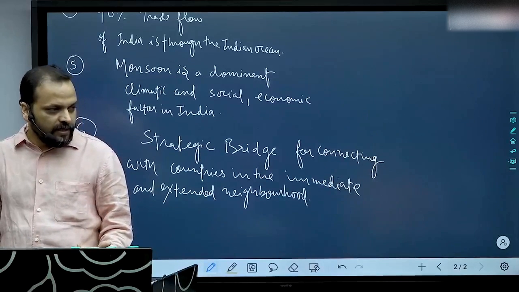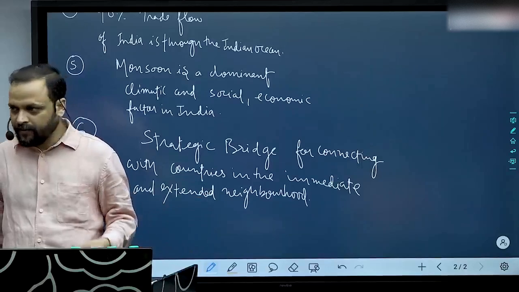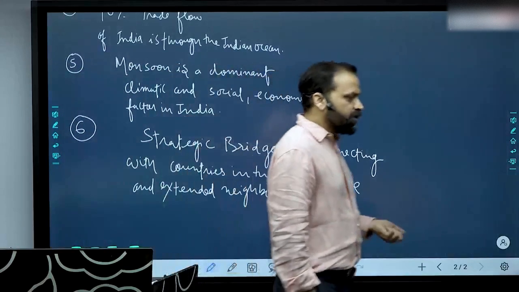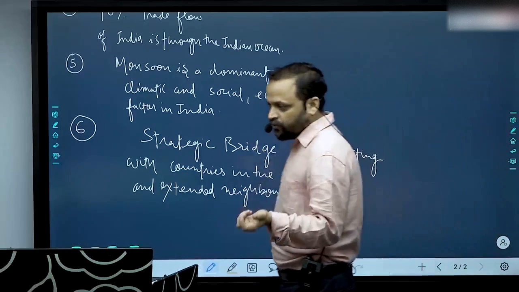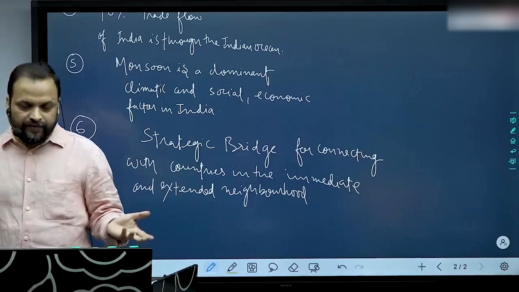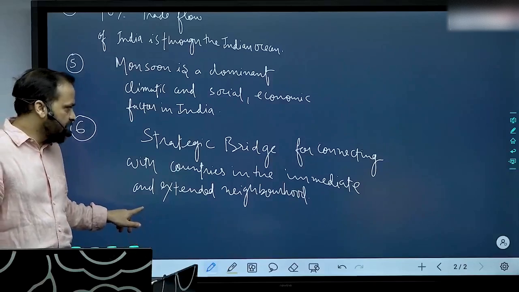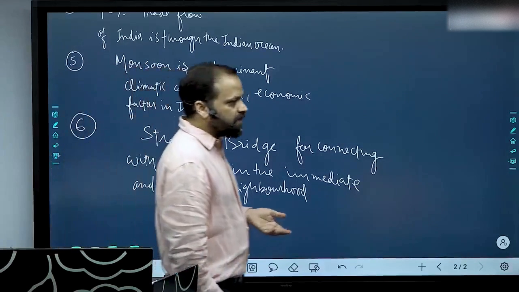Economic significance: trade is flowing through this region, so trade relations and trade interests are modulated by what is happening in the Indian Ocean region, and that's why India would be interested that the Strait of Hormuz remains open, and the Suez Canal remains open. These are far away regions from India, but they affect India's interests directly or indirectly. So economic interest and energy interest, that is a no-brainer.